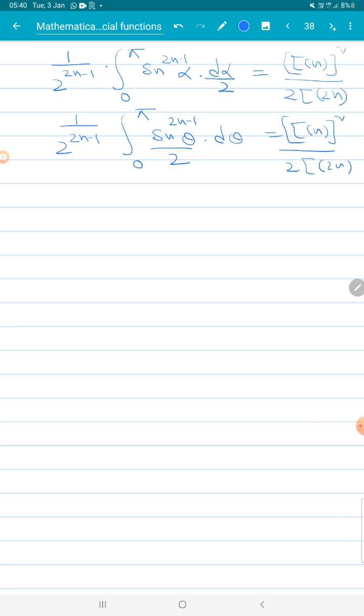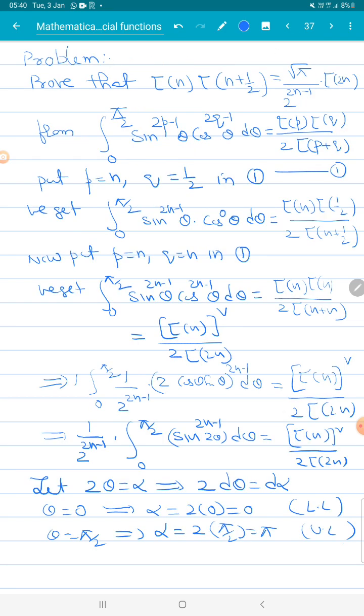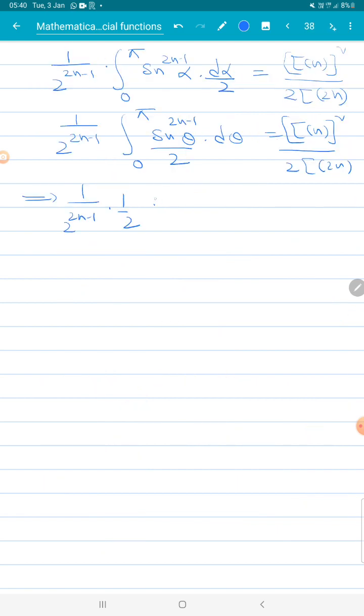Therefore this implies that 1 by 2 to the power of 2n minus 1 into 1 by 2 into integration 0 to pi of sine to the power of 2n minus 1 theta d theta, or I would like to cancel these things, is equal to gamma of n whole square by 2 into gamma of 2n.